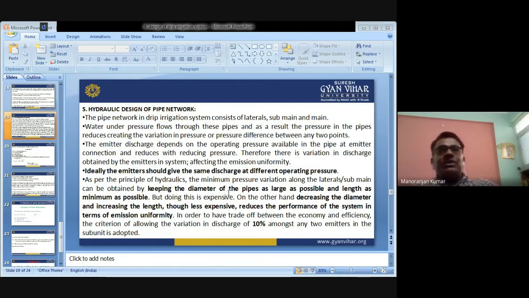So if you are using non-pressure compensating, normal drippers, then you have to keep in mind that your discharge variation should not be more than 10%. This is the government recommendation.